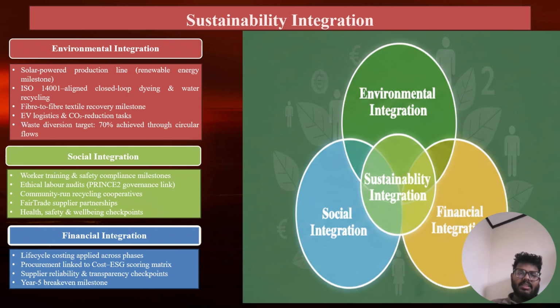Talking about sustainability integration, sustainability is embedded through the EcoThread project, with the environmental, social, and financial integration points mapped directly into the MS Project schedule. Environmentally, the project incorporates a renewable energy installation milestone, forming the basis for a solar power production line.